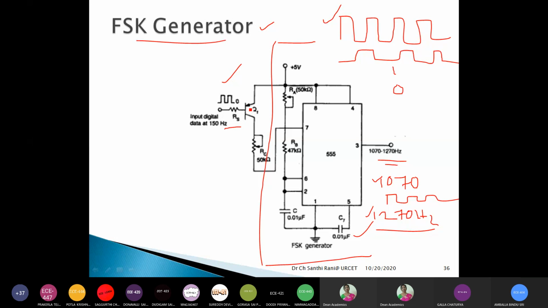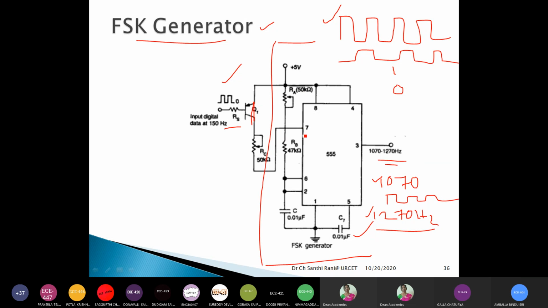Otherwise, you can assume this transistor acts as a switch. When it is forward biased, it acts as a closed switch. When it is reverse biased, it acts as an open switch. Now, depending on the input, when it acts as a closed switch, just observe that it is connected to the circuit.